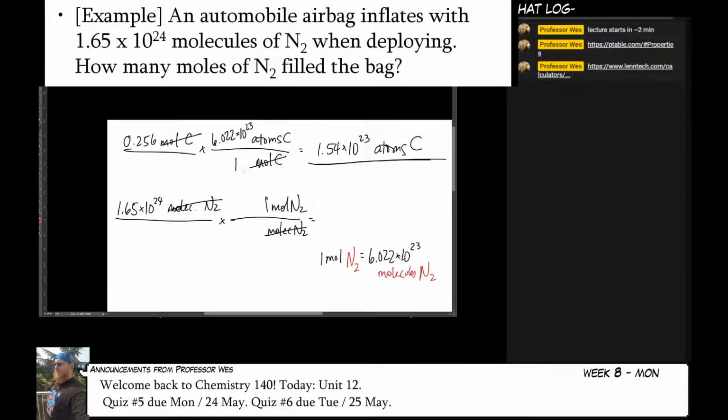In 1 mole of nitrogen, there are Avogadro's number, 6.022 times 10 to the 23, molecules of it. And we punch it in the calculator.